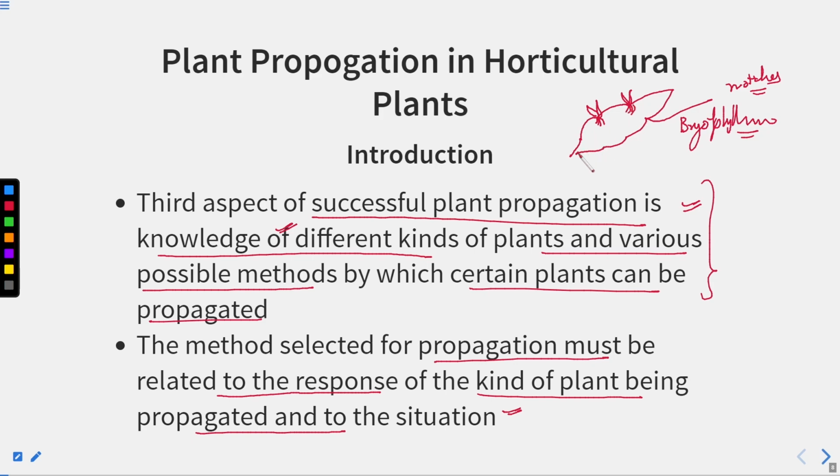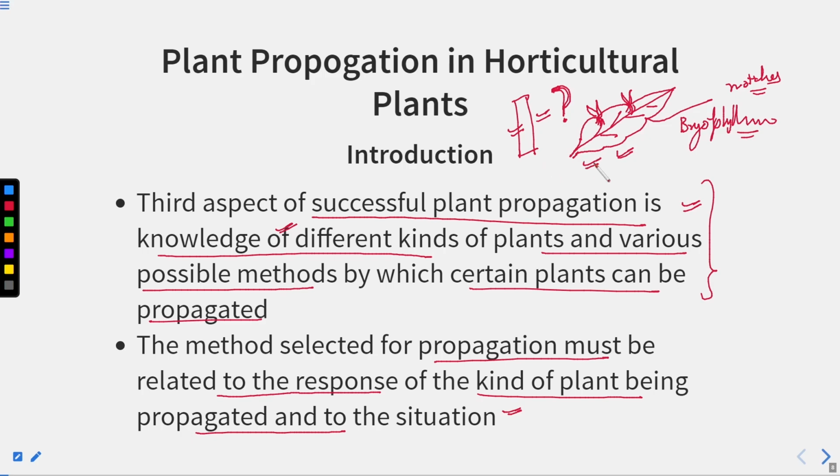Now we know that this particular plant has a capacity to develop a new plant with the help of leaves. Now I want to grow it following stem cutting, not going for the leaf cutting, but instead we are going for the stem cutting. Is this a wise decision? No.